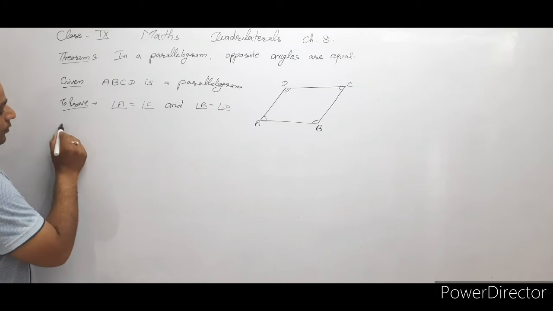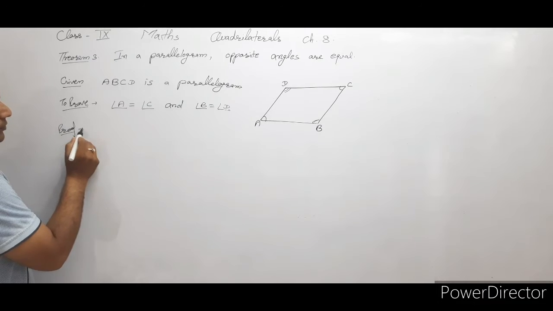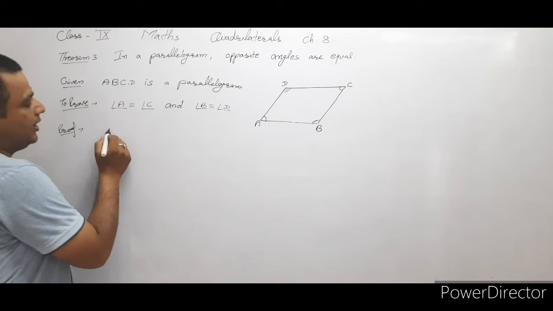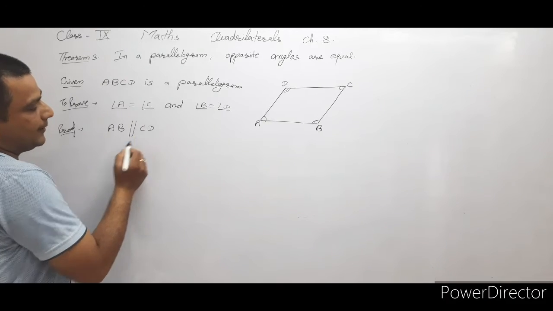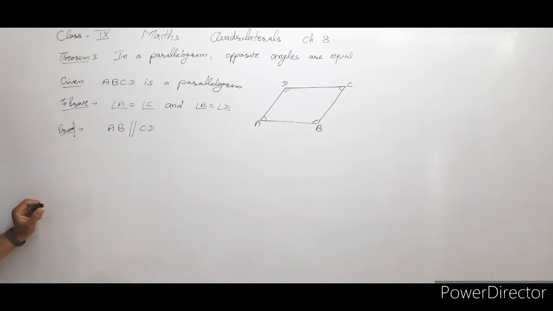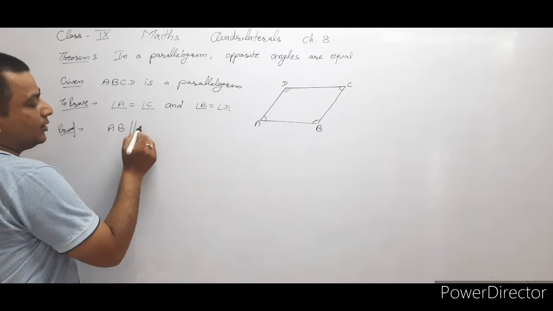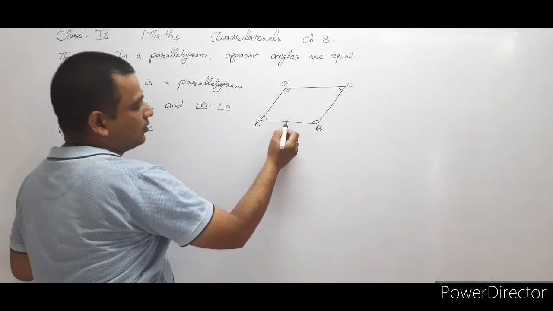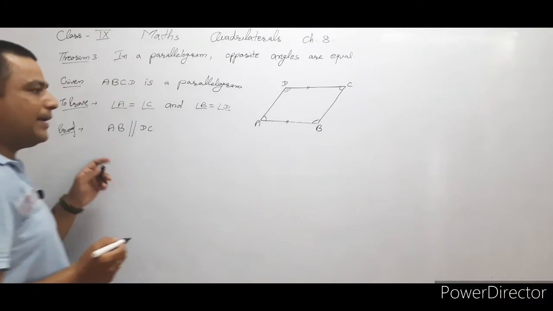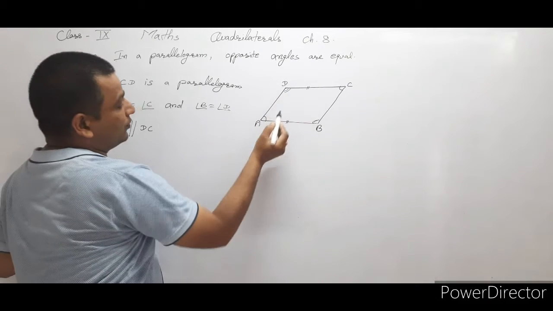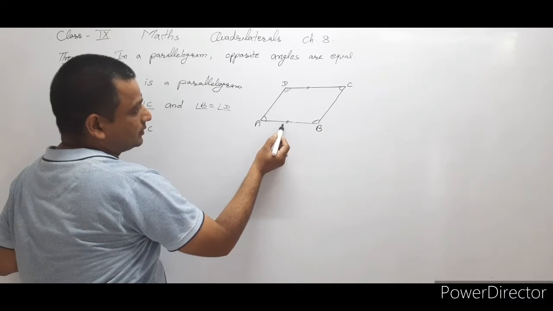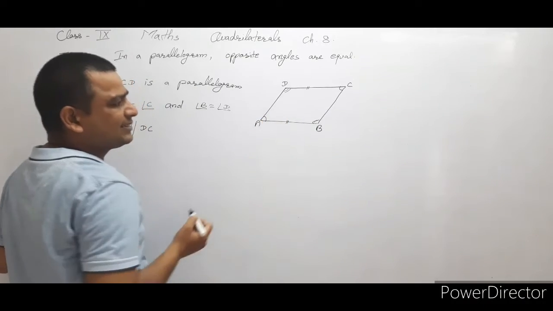For that proof, as we know AB is parallel to DC. These opposite sides are always parallel and equal. We proved it in the previous theorem also. So if these two sides are parallel, that means AD is a transversal.